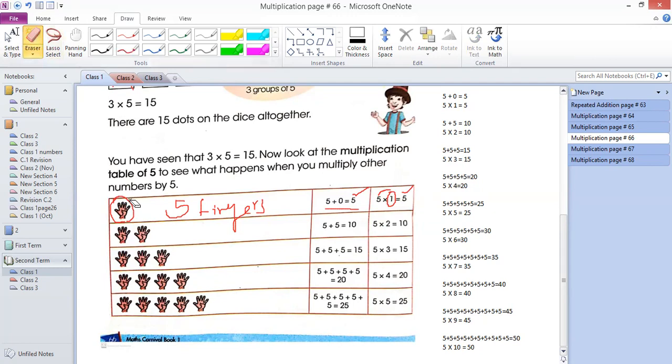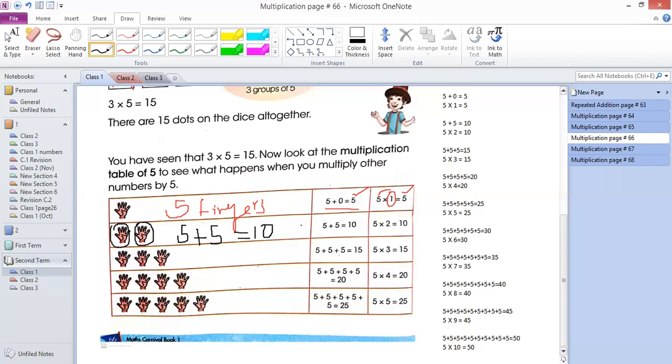Look here, guys. There are 2 hands. This is hand 1 and this is hand 2. Or I can also say there are 2 groups of 5. So how many total fingers are there? For that you can add 5 two times. 5 and 5 will give you 10.